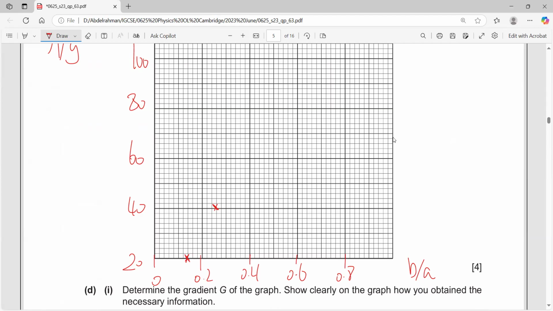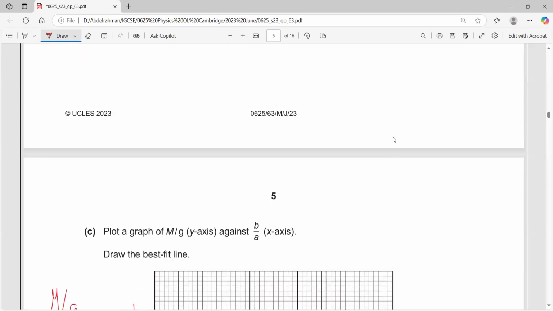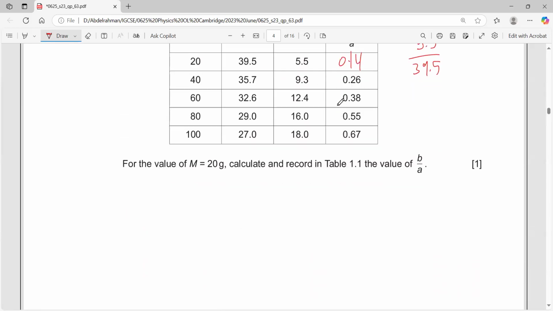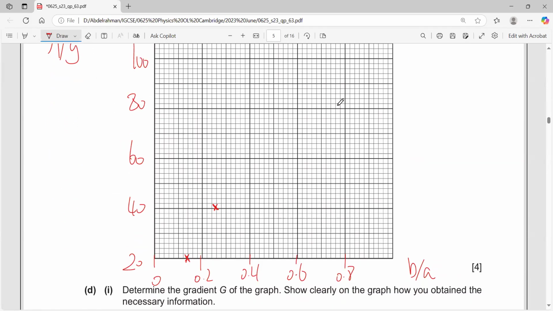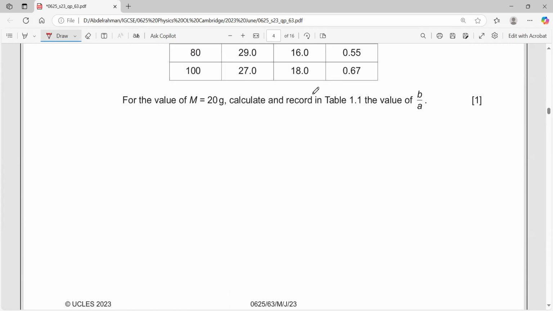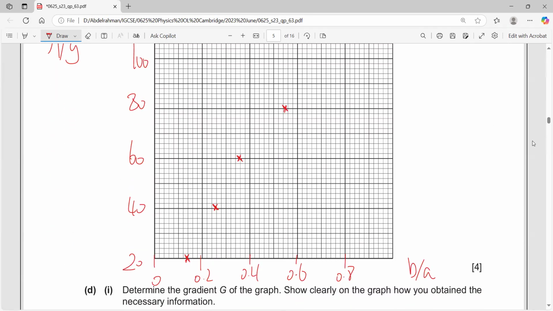Then 60 and 0.38, so this is 0.38. Then 80 and 0.55, which is over here. And the last point is 100 and 0.67, which is right over here.